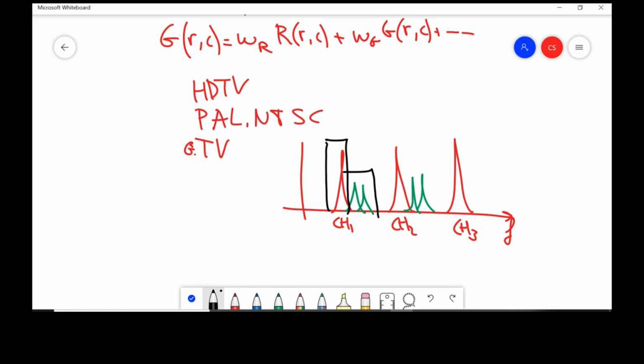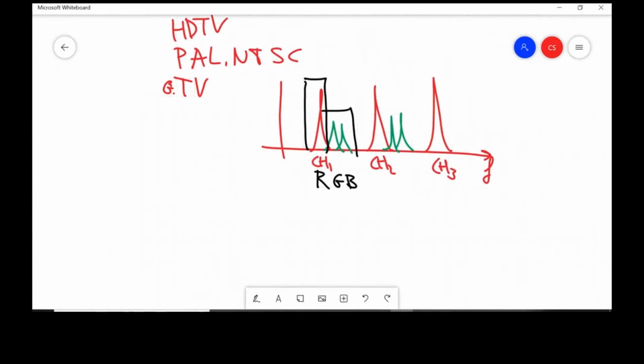So somehow you have to encode it. If you transmit RGB, the old televisions would only see the red channel, and that is not what you wanted. So you wanted them to receive the intensity, the luminance, and then somehow to put the color information in some other way.